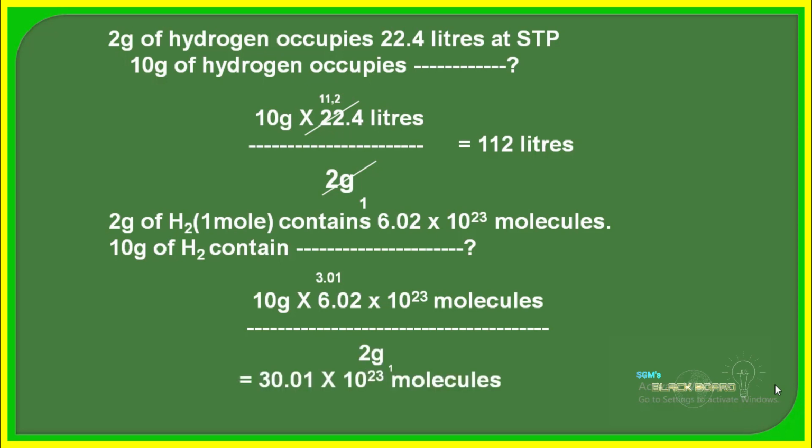Dividing 6.02 by 2 gives 3.01. So 3.01 into 10, that is 30.1 into 10 to the power of 23 molecules, or we can write it as 3.01 into 10 to the power of 24 molecules.